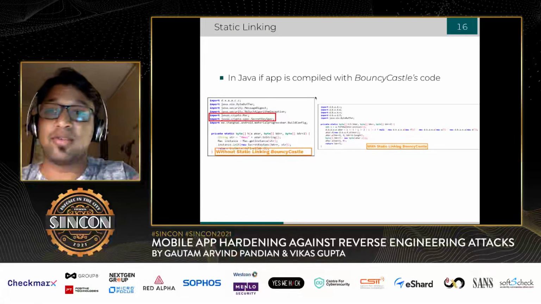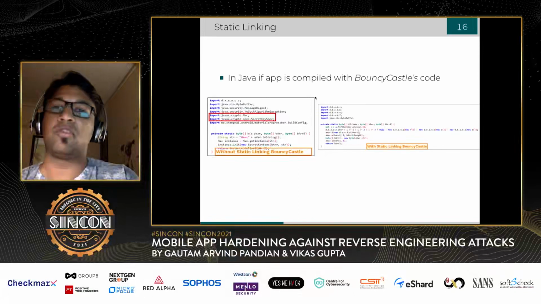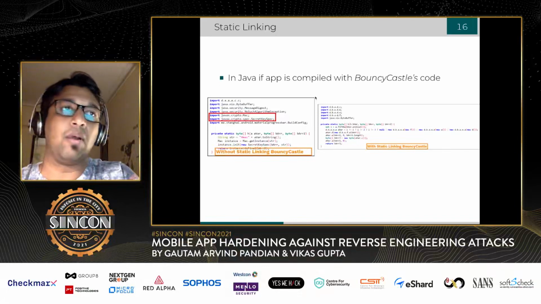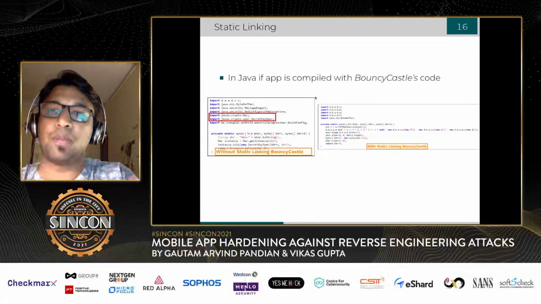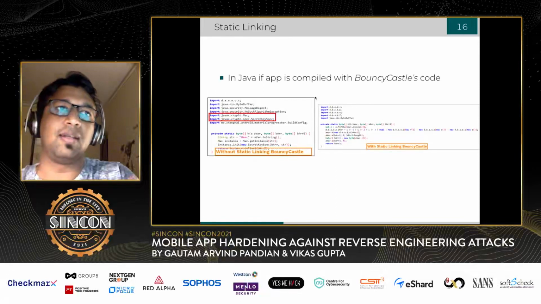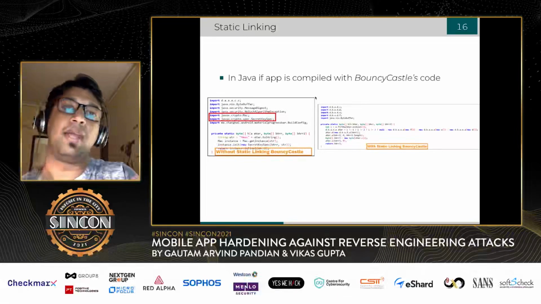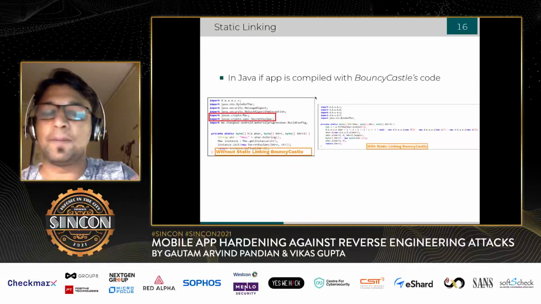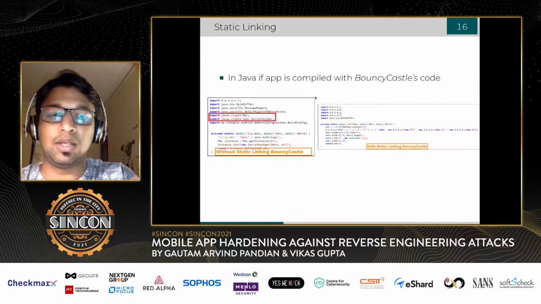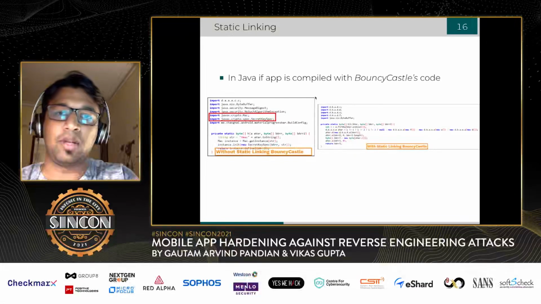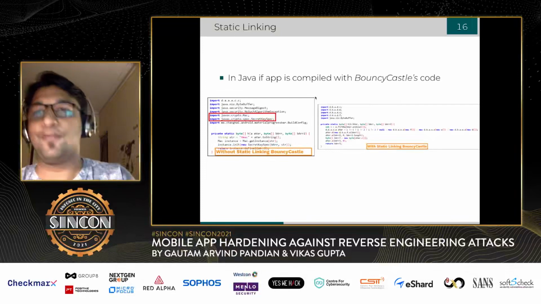Bouncy Castle is compiled with the source code, not as a third-party dependency. And what advantage do we get? Once we run ProGuard on it, everything can be obfuscated. You can see that when the same code is compiled and ProGuarded, the particular function names and API names are no longer present in the binary. Similar things happen with native code as well. We'll have an example of native code later in the presentation, but for now we use the Java one.